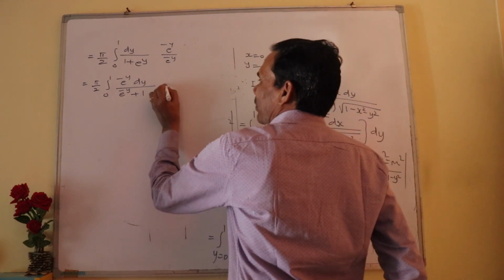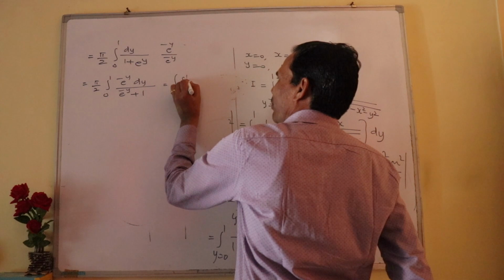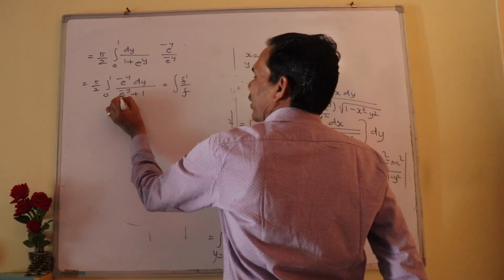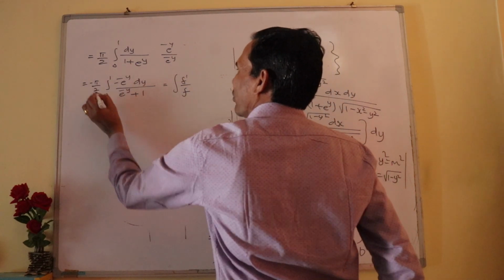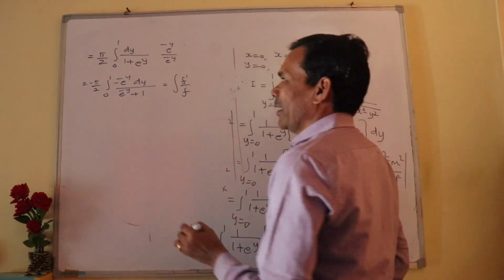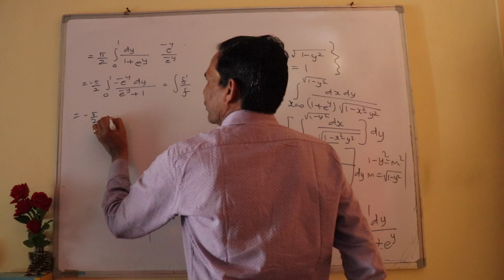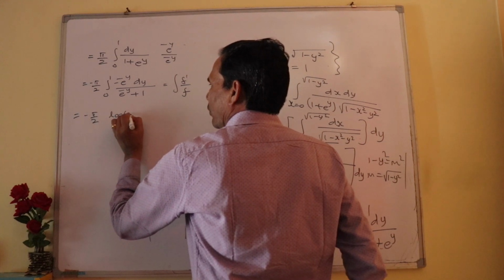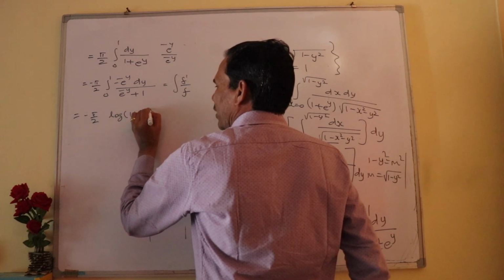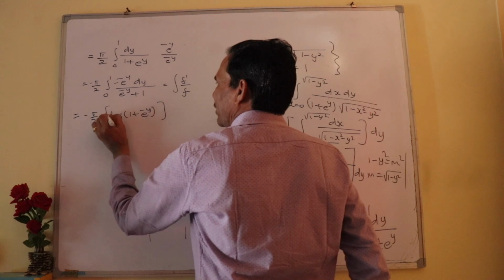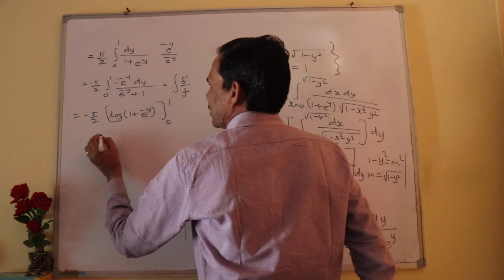So this formula I am using, integration f dash divided by f. So derivative of this is minus, so minus pi by 2. So I can write down this as minus pi by 2 log of 1 plus e raised to minus y, and limits applied 0 to 1. So you can simplify this.